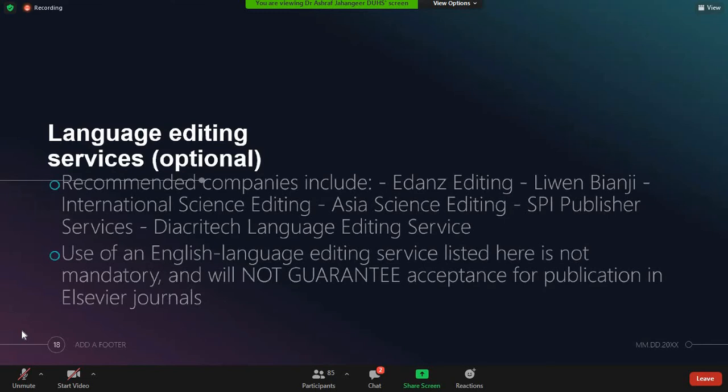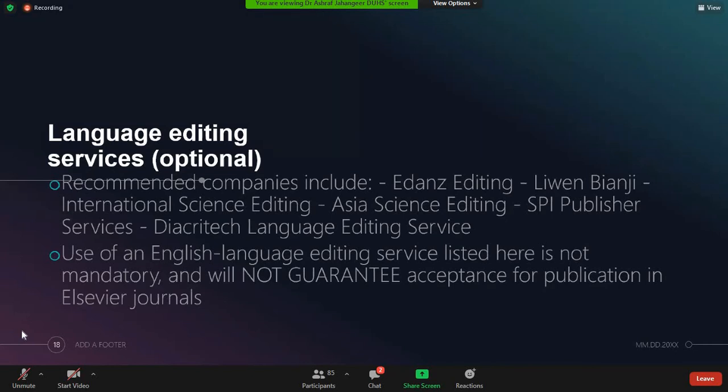But many times journals like Nature or Elsevier, Springer, and Sage publishers have their own in-house language editing services, as well as some third-party language editing services which are still of good quality. So these names which are written here can be considered as good quality, but it's the writer's discretion to opt or not to opt.